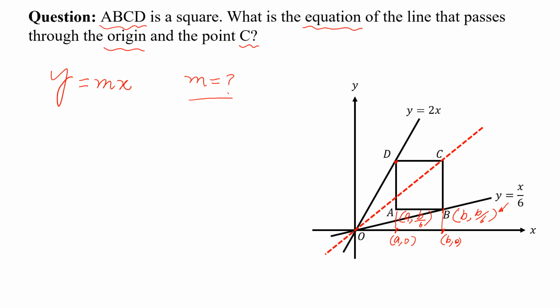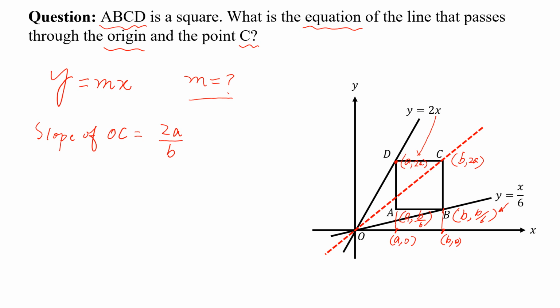And point D will be A and from here 2A. And point C will be B and 2A. So the slope of the line OC, slope of OC, is equal to 2A divided by B.